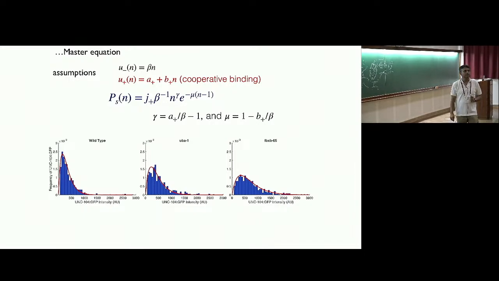Number of motors present on the cargo or number of engaged motors? Number of engaged motors. Okay. And from GFP you are estimating the total number of motors, right? From GFP intensity, we are looking at only those puncta which are moving, motile puncta. Okay. True, we can only see the total number, we cannot see all.